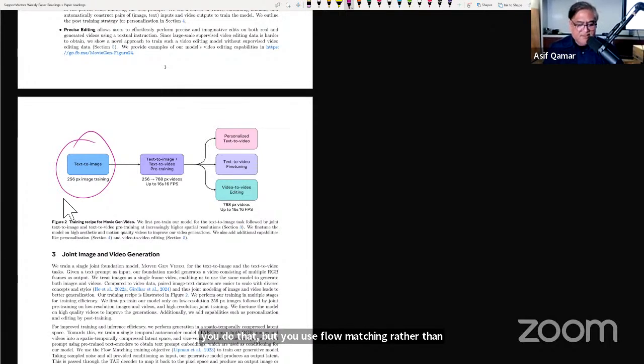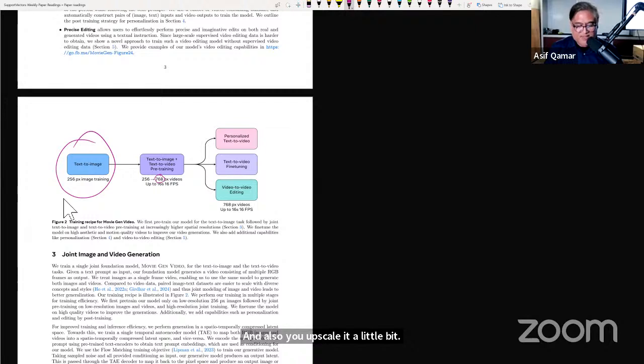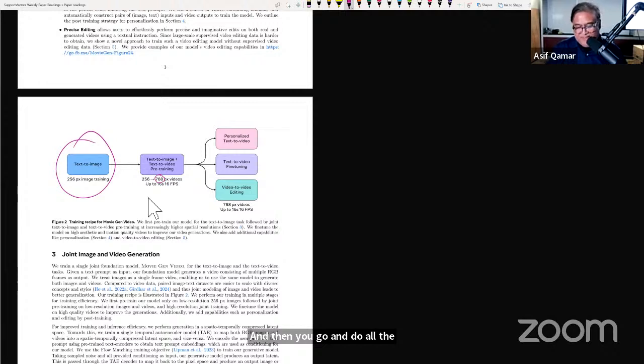Then the second thing you do is that you go from text to image plus text to video pre-training. And also you upscale it a little bit. From 256, you go to 768. And then you also add sort of videos into the mix. So you slowly do it. And then you go and do all the other personalization, text to video, fine tuning, and video to video editing. So these are the steps that they take.